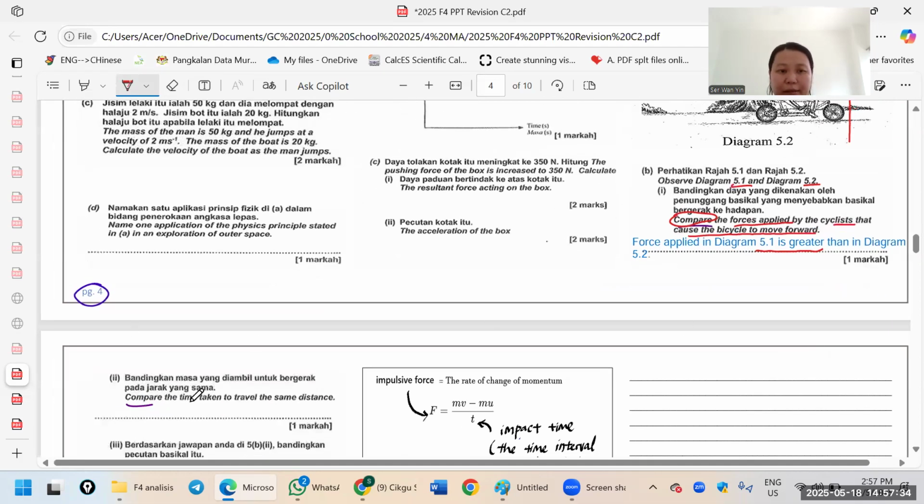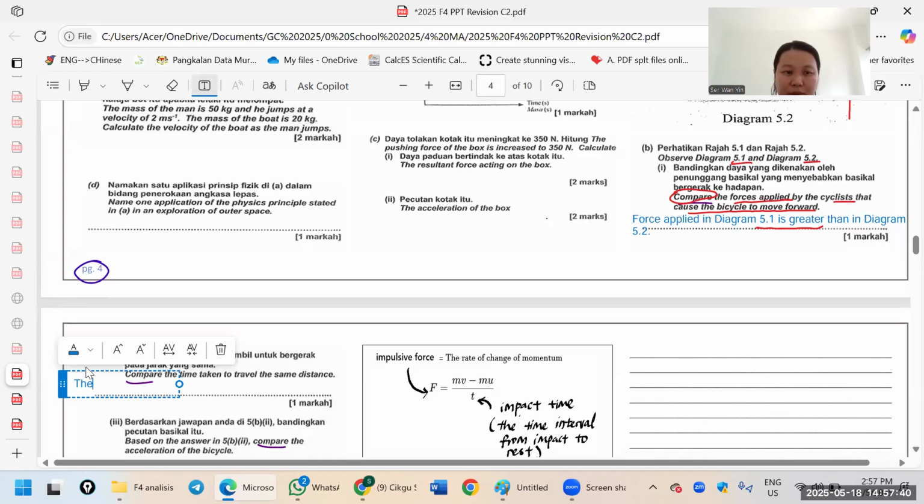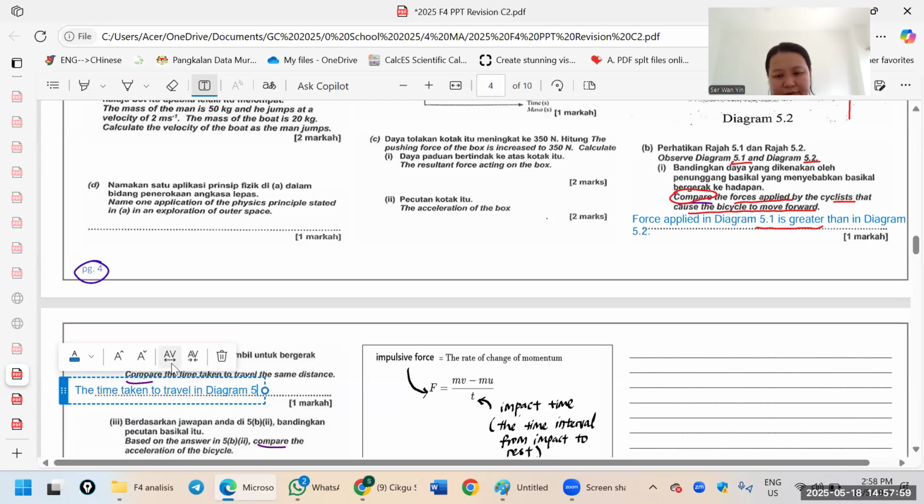Then next, compare the time taken to travel on the same distance. So copy back the time taken for travel in diagram 5.1 is shorter, is lesser than in diagram 5.2.